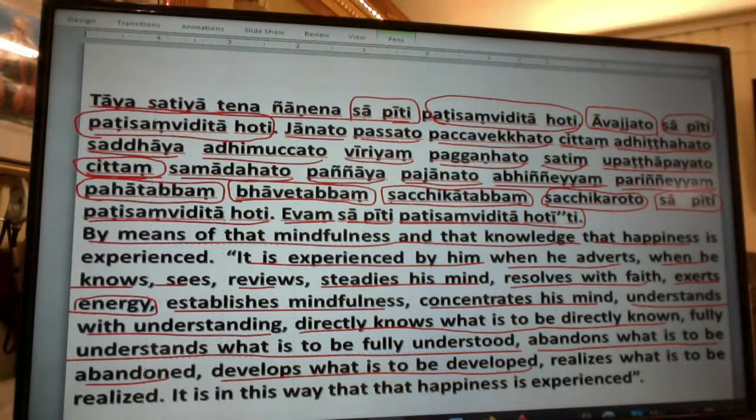So we can make happiness. Piti is the meditation object to develop step by step, because piti is nama, isn't it? Piti is nama. Piti is a mentality. So mentality is dukkha satya.